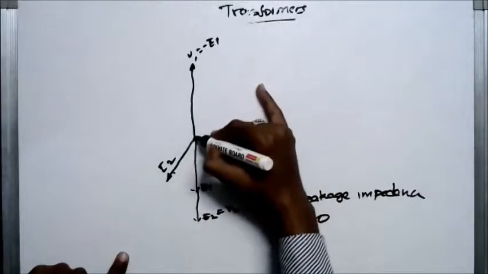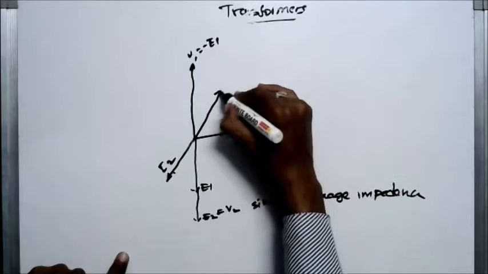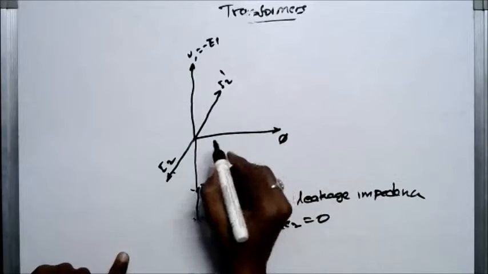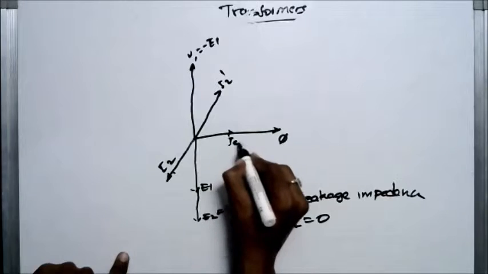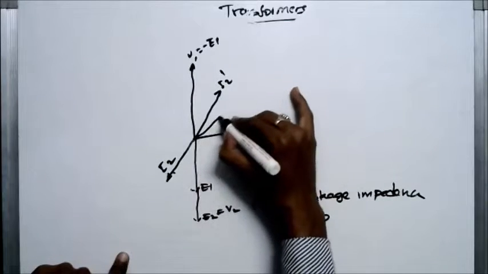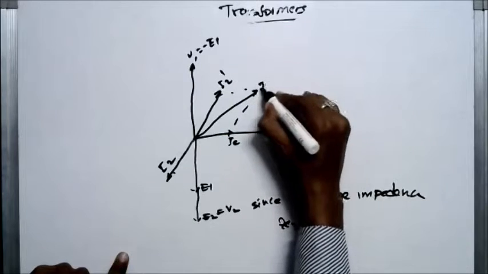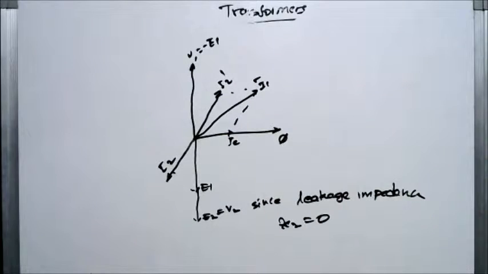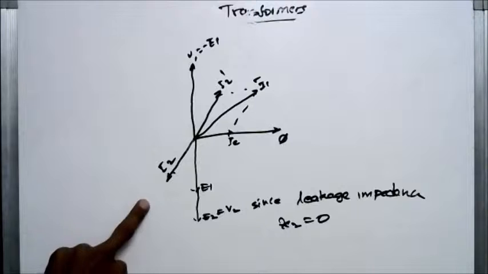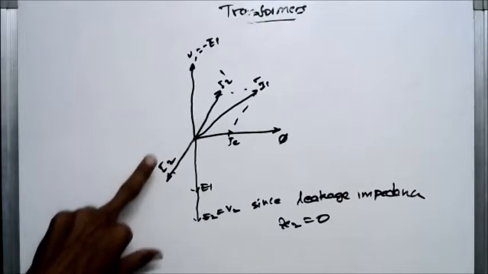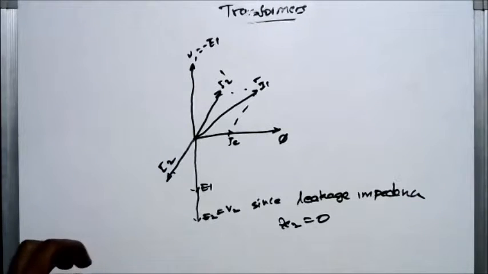Then I2 dash will be referred to the primary side. Then this is IE. The phasor sum of IE and I2 dash will give I1. This is the whole phasor diagram of the transformer under loaded condition, considering an ideal transformer.